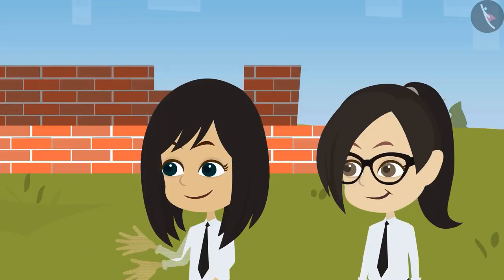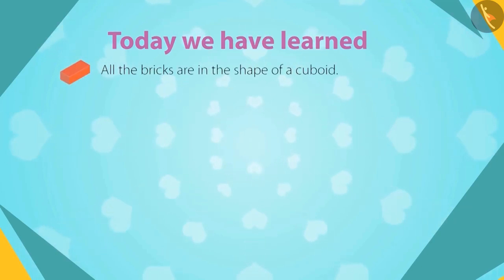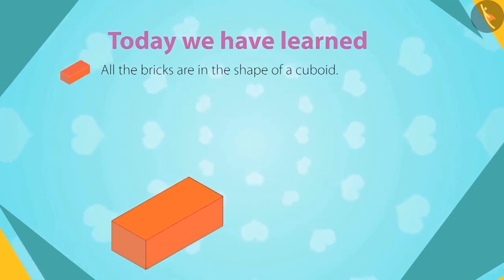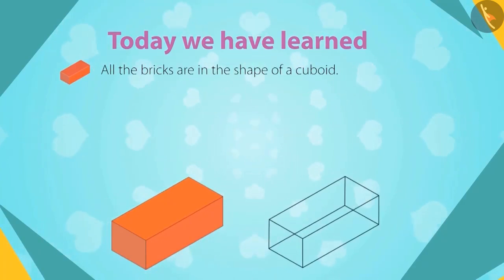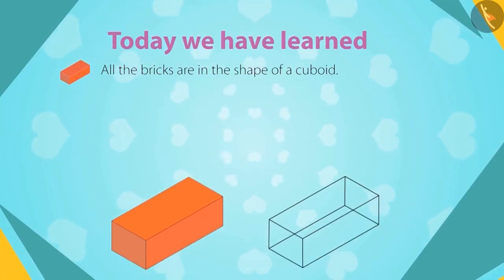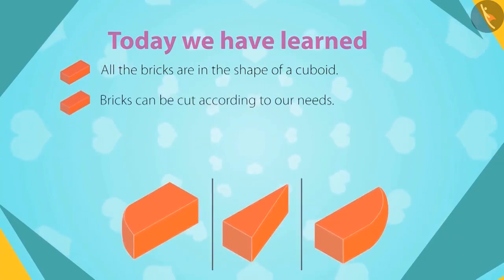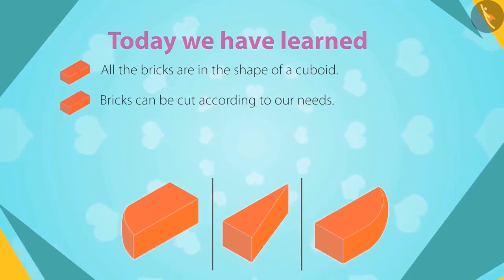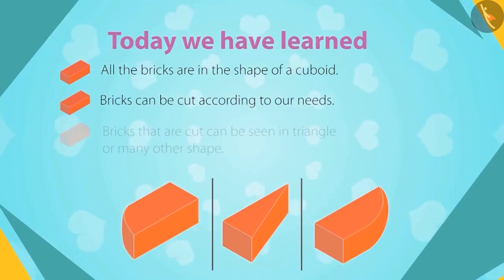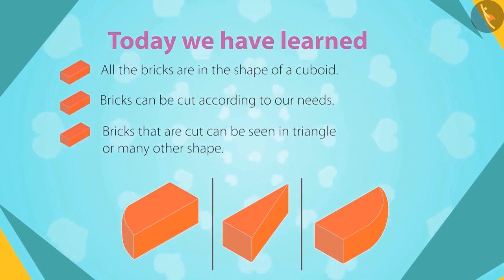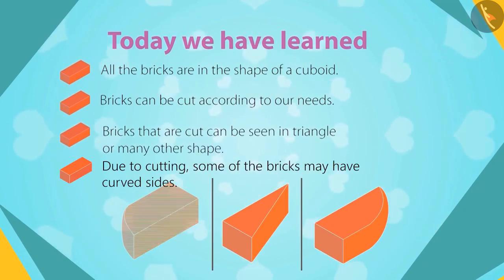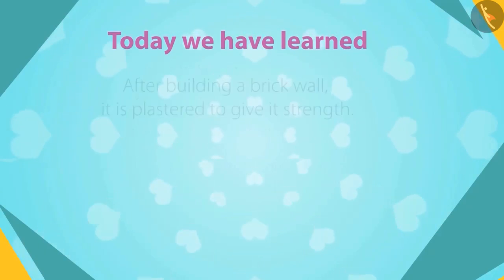We have to go now, sir. Our class is about to start. Sure, but first let's recall what you have learned today. All the bricks are in the shape of cuboid, which can be cut according to our needs. That is why we see bricks of other shapes like triangles, and some may have curved sides.